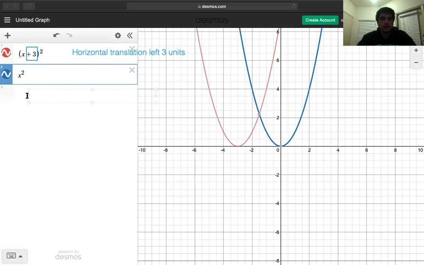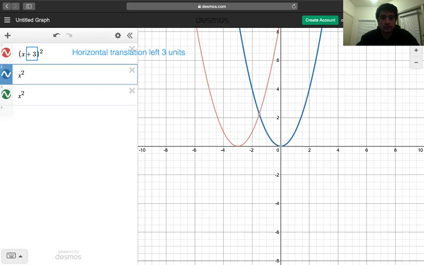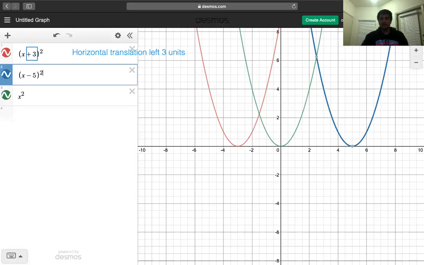So now let's say I have x squared right here. Let's say I'm going to change this blue one to (x minus 5) squared, right? Something like that, okay?